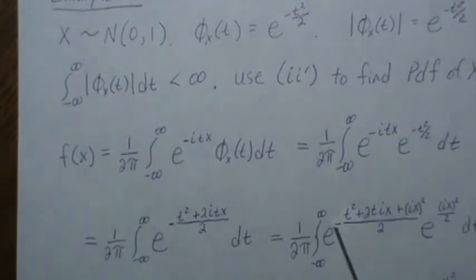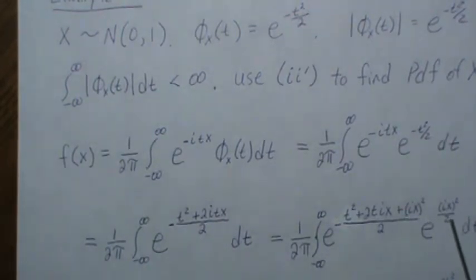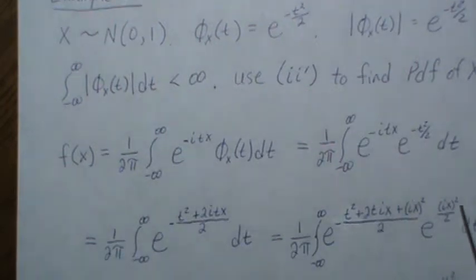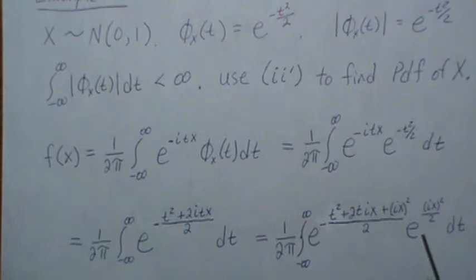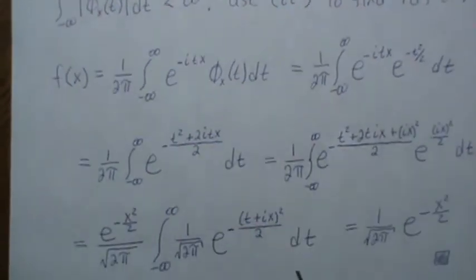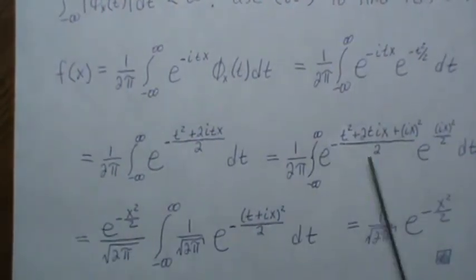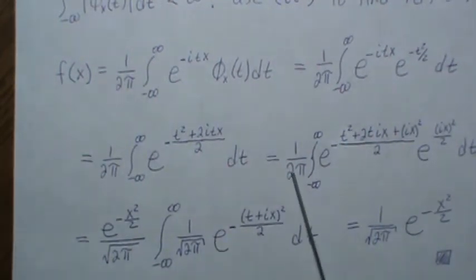And notice that this is the minus and that's the plus, and we do that, and then this is constant with regards to t, so it can be taken out front. That's what this piece is. And then we complete the square on the top, and the 2 pi we break into the square root of 2 pi, square root of 2 pi.